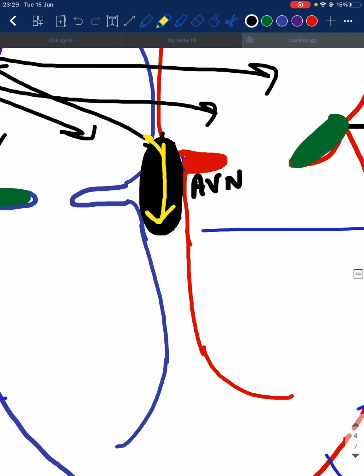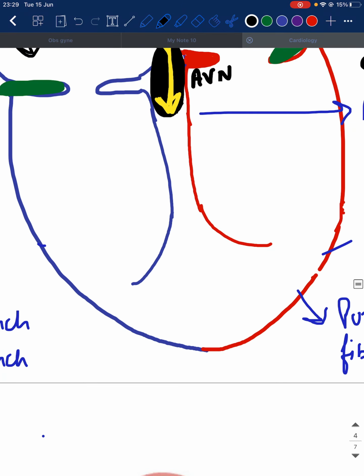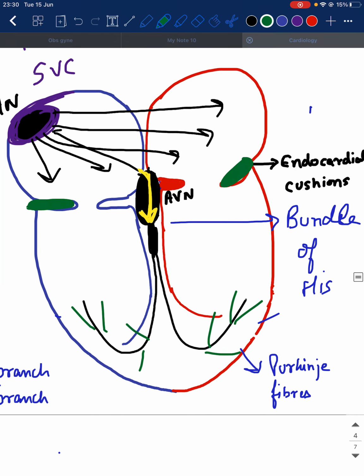So the AV node takes the rhythm from the SA node and supplies it into the branches. First of all, we have a very thick bundle of His, discovered by the scientist His, and it goes into the right side and the left side, terminating into the fibers known as the Purkinje fibers. Correct?